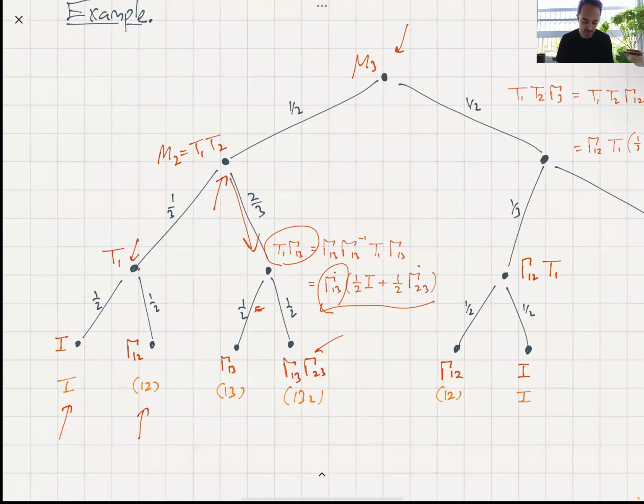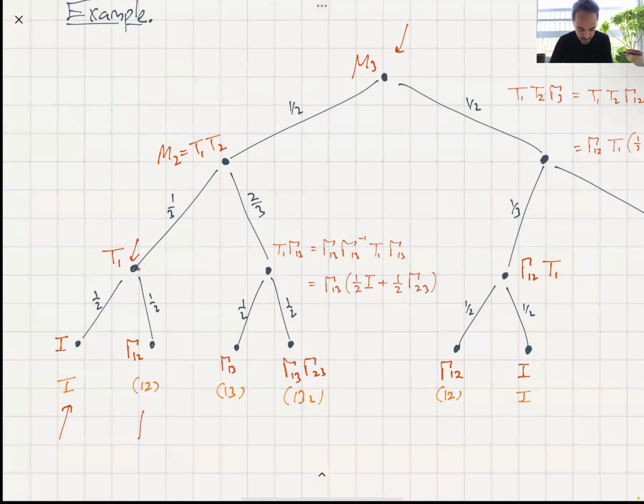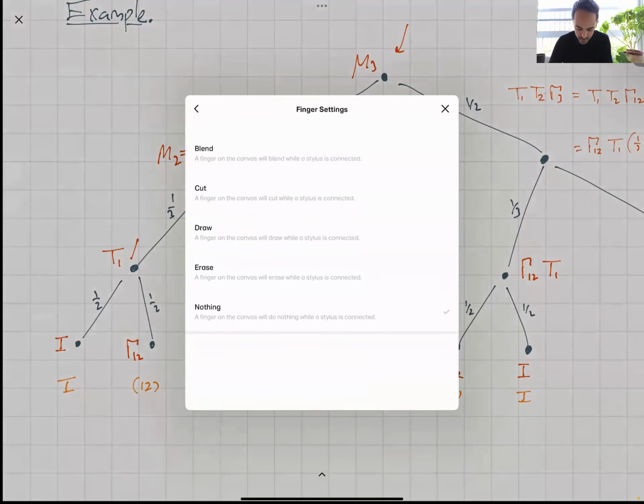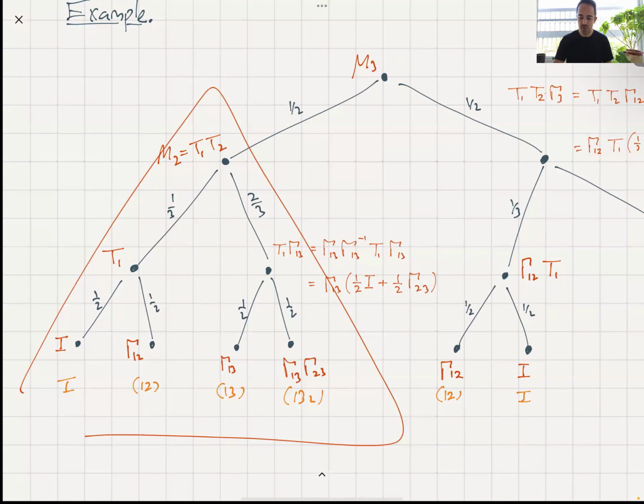Putting the numbers in and opening this up, you see that this leaf has the permutation 1 3, and this has the permutation 1 3 2, because that's what happens when you compose these two swaps. It's cleaned a little bit. Okay. Good. So we are done with the entire left subtree of the root.